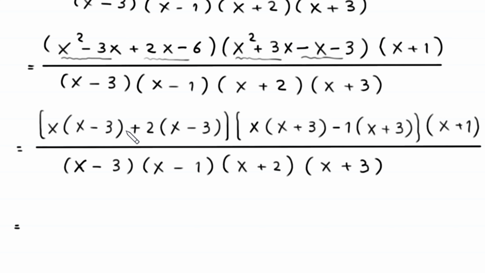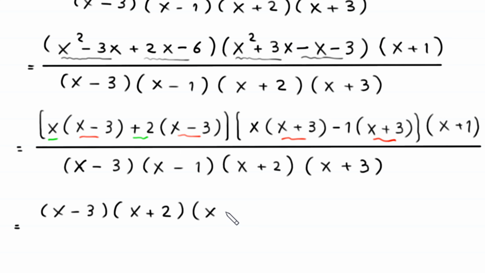Next, from this expression we can factor out x minus 3. So x minus 3 as common factor, and in bracket left this x and this plus 2: x plus 2, times from this expression we can factor out x plus 3.